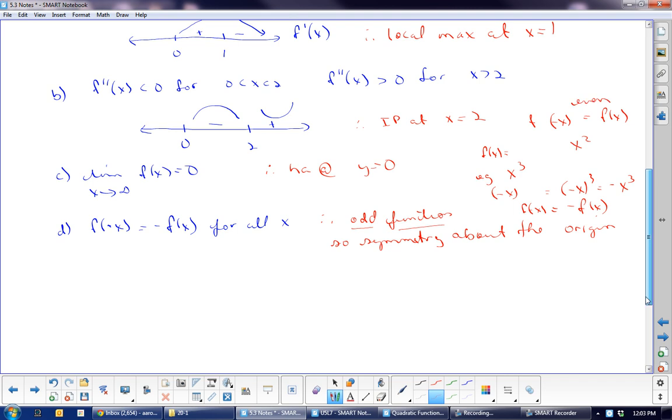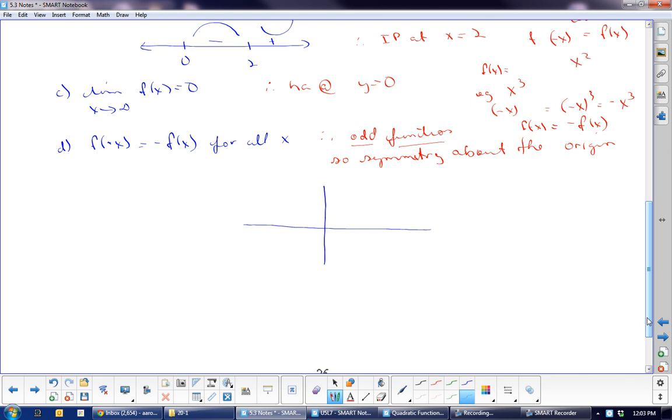Okay? So now with all of this information, we're supposed to be able to draw a graph. Well, that's always a good place to start. Okay, what numbers should we even put down on this? We got any good critical values? We got 0, we got 1, and 2.